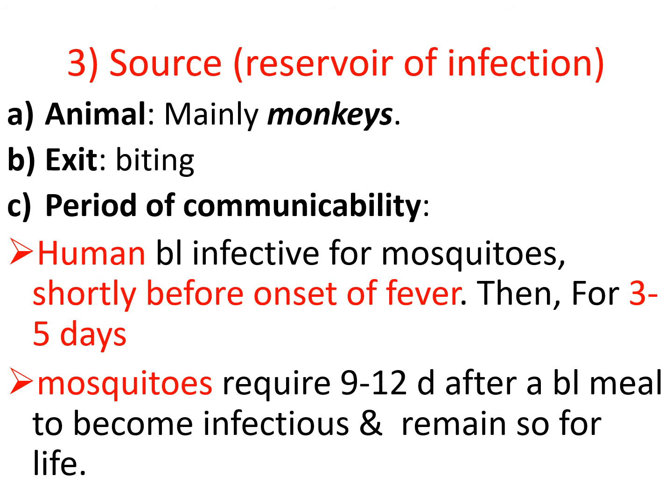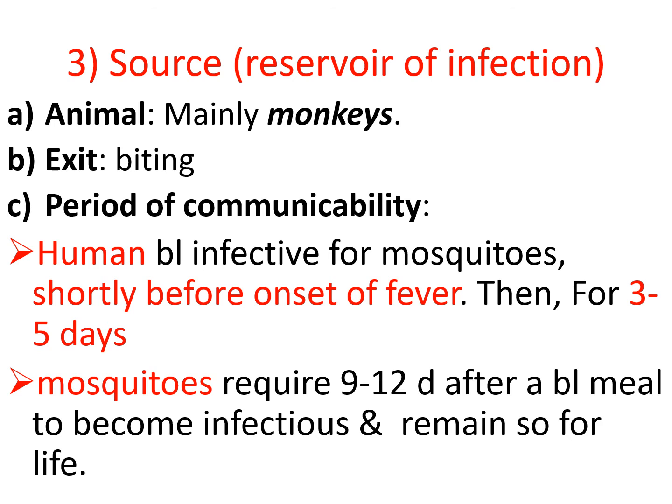Source or reservoir of infection: animals, mainly monkeys, transmitted by biting. Period of communicability: human blood is infective for mosquitoes shortly before onset of fever, then for 3 to 5 days.